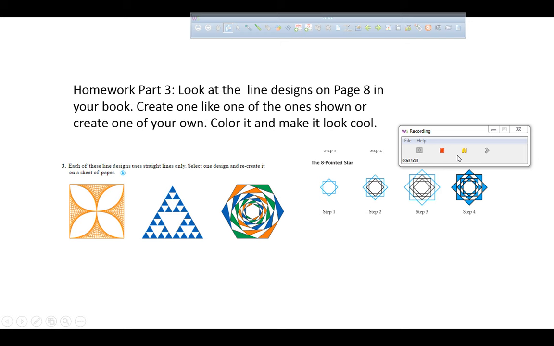So if you want to make six, I just want to show you really quickly how you make a hexagon. We'll do this more when we do the constructions. But to make a hexagon, you start by making a circle. You don't have to do this, but you start by making a circle. Okay? And then you do not change your compass, and you pick any point on that circle.